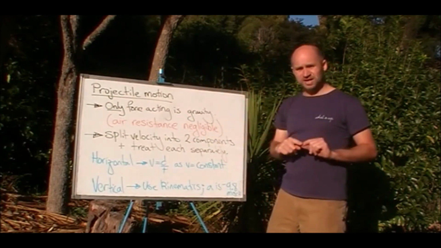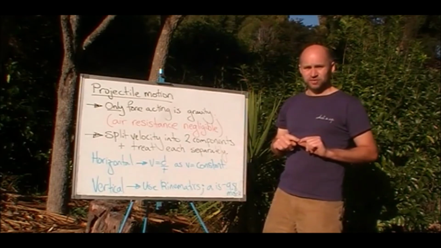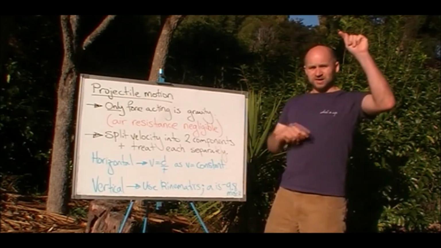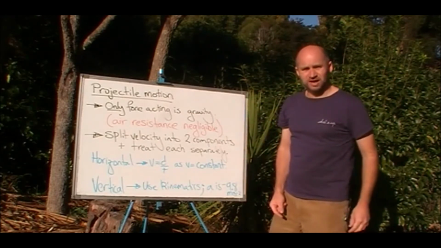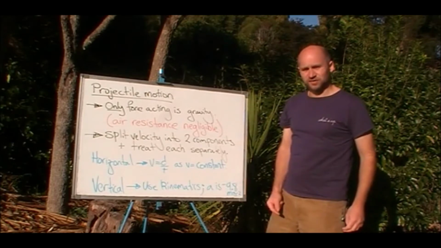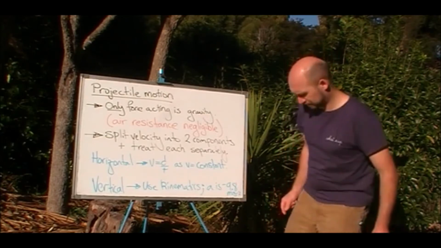And that symmetry allows us to simplify our problems. However, if you are throwing your basketball by standing on a stool and throwing it to the ground, then it's no longer symmetrical because the starting height and finishing height are different. So we need to watch out for those sorts of things. Let's have a go at an example.